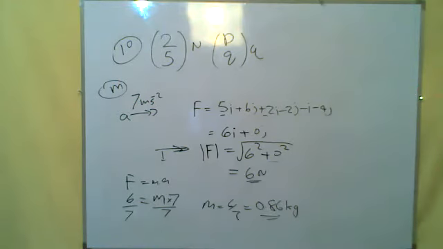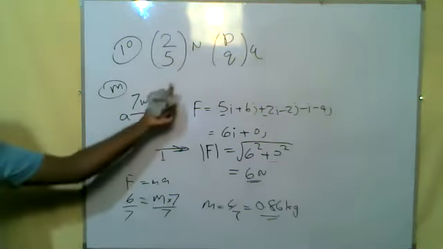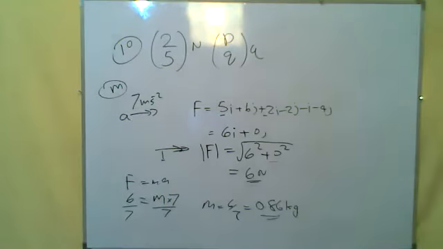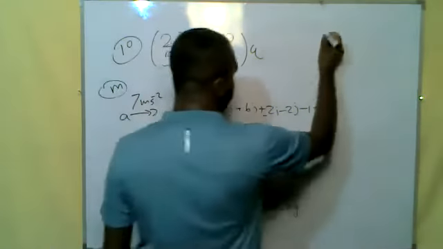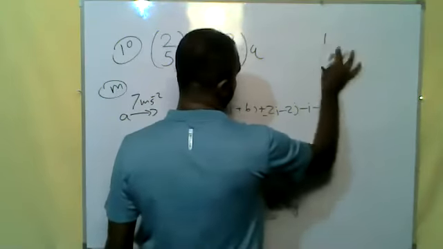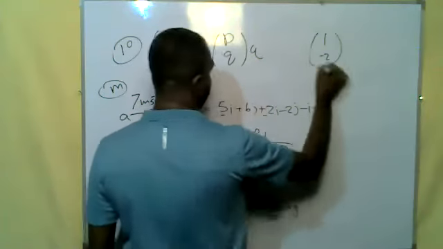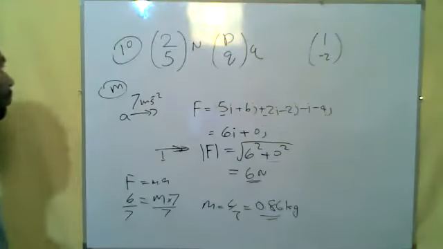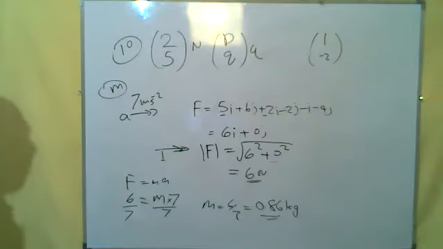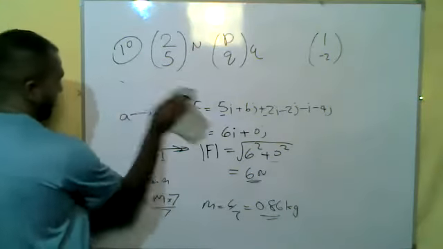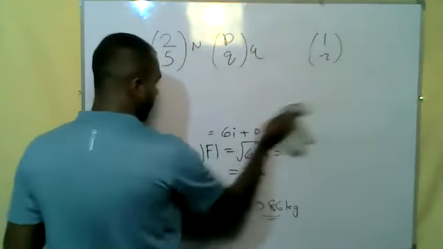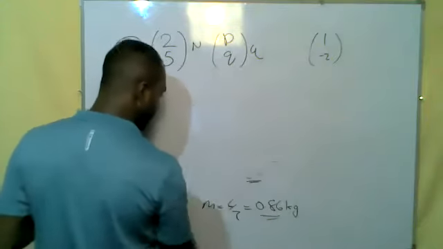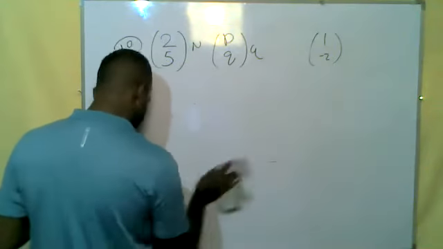And in part 1, what are they saying? The direction of the resultant force of these two is parallel to the vector i minus 2j. Okay. They are asking us to prove some kind of equation.